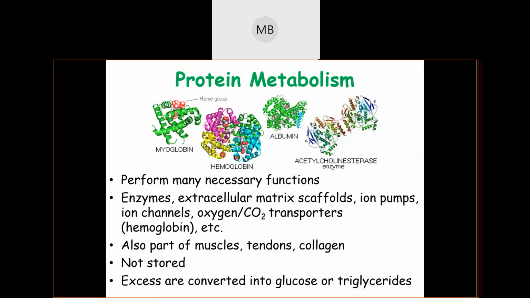The good rule of thumb for proteins is your dietary requirements are 0.8 grams per kilogram of body weight for what they recommend you should be eating for proteins. So that means if you weigh 100 kilograms, you should be eating 80 grams of protein a day, right?